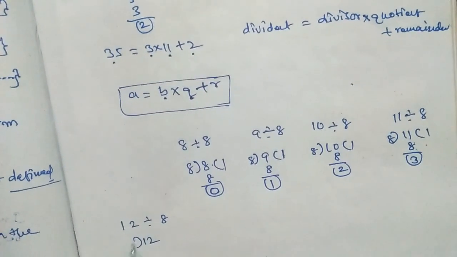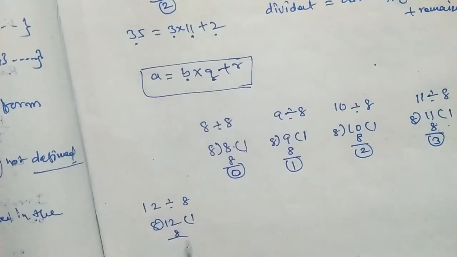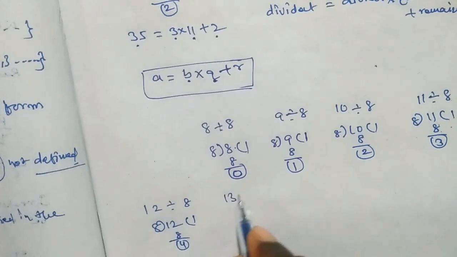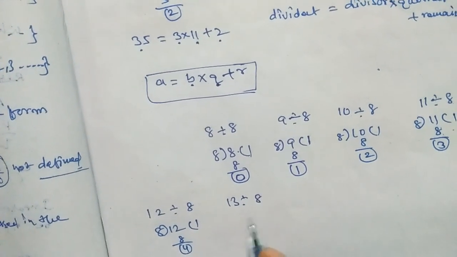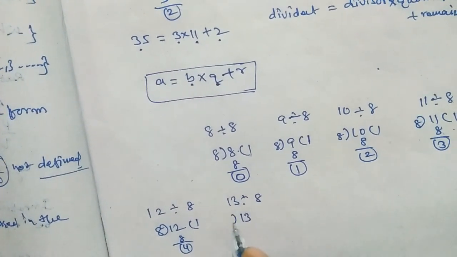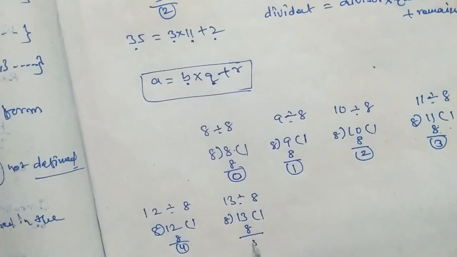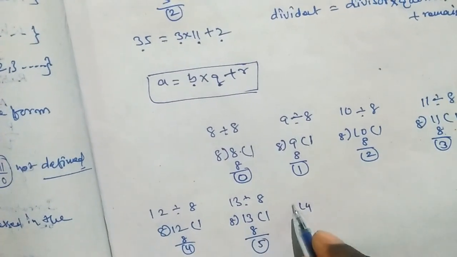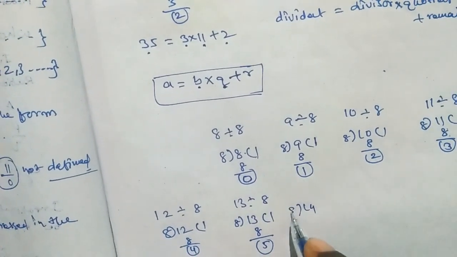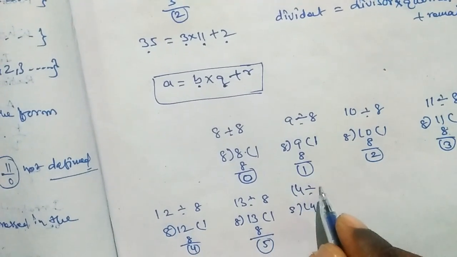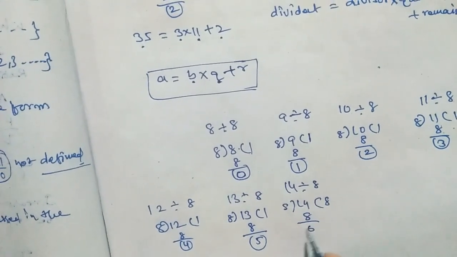12 divided by 8. 8 ones are 8. 4 remainder. 13 divided by 8. 8 ones are 8. 5 remainder. 14 divided by 8. 8 ones are 8. 6 remainder.